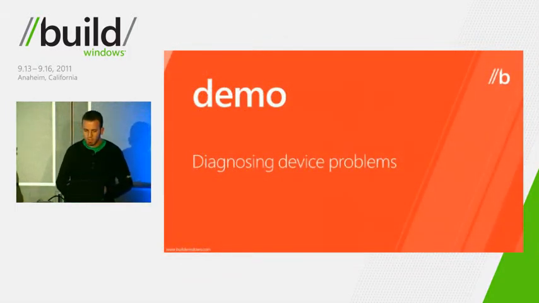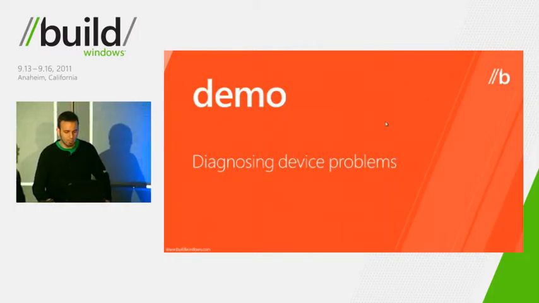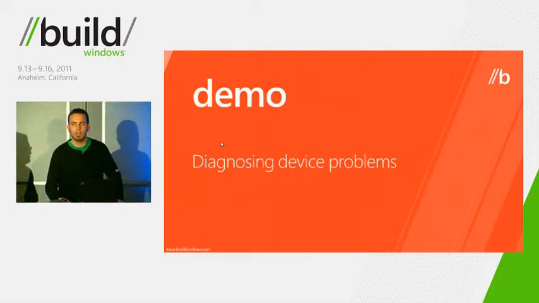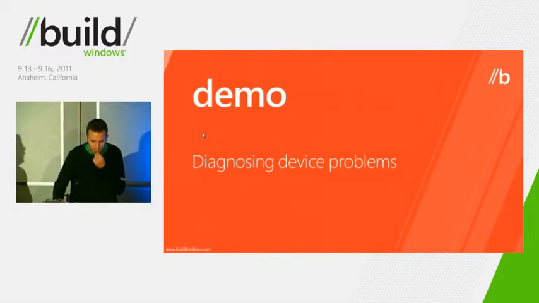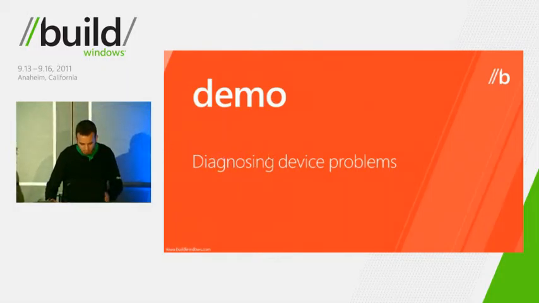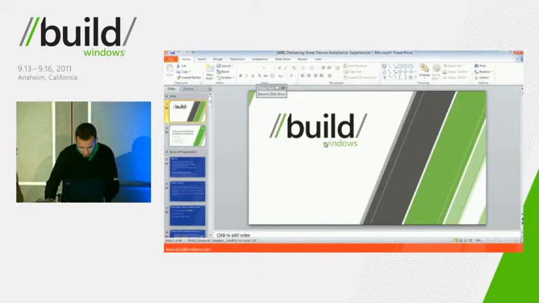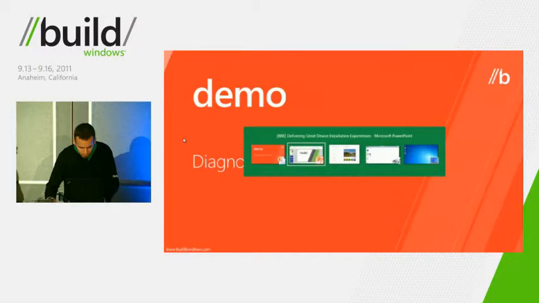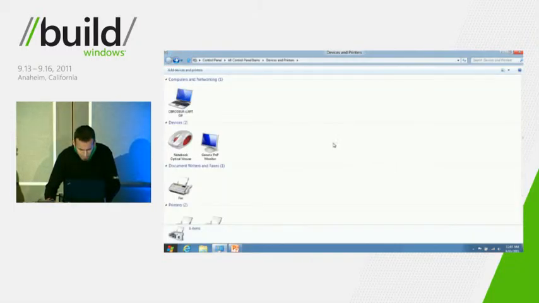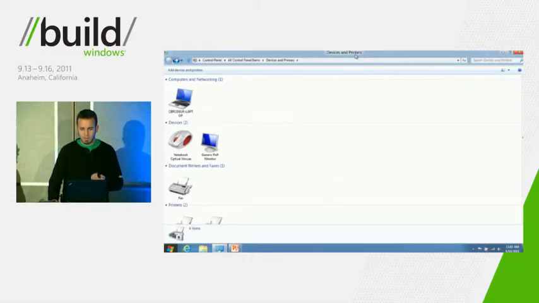So moving beyond that, I just wanted to give you a little demo about some of the improvements we've made to being able to diagnose devices, or to diagnose device problems, in Windows 8. So what I'll do here is, our new devices and printers folder, which we introduced in Windows 7, is the simpler way of viewing all of your devices.